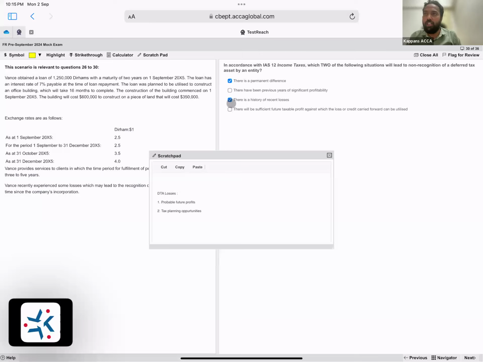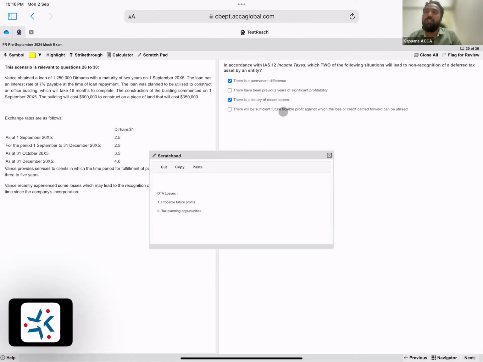If there are losses, then you cannot record a deferred tax asset. Of course, you can record a deferred tax asset when there is a loss, but there must be a probability that in future the entity will become profitable. If there is a history of recent losses, it indicates that the entity will not become profitable in future. So a deferred tax asset cannot be recorded.